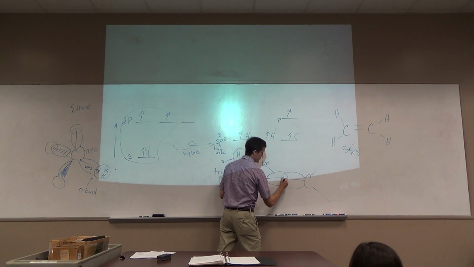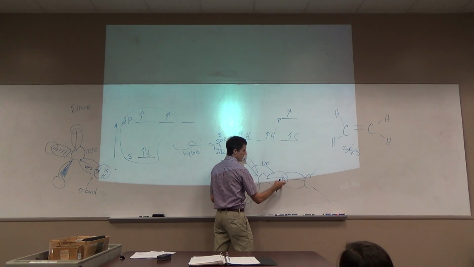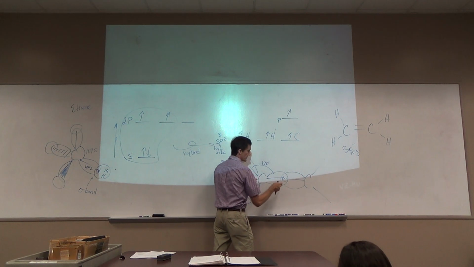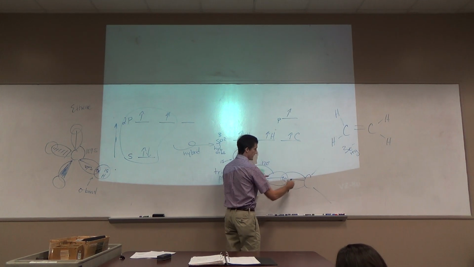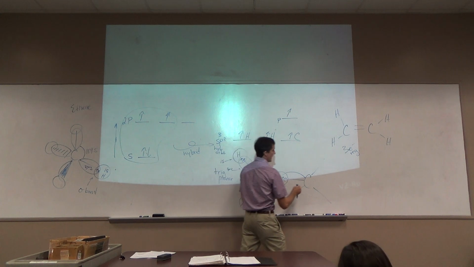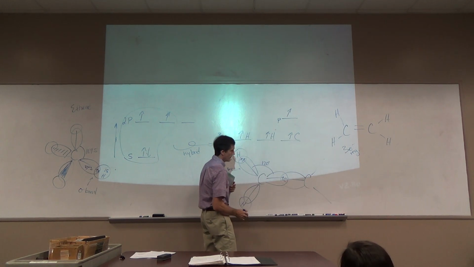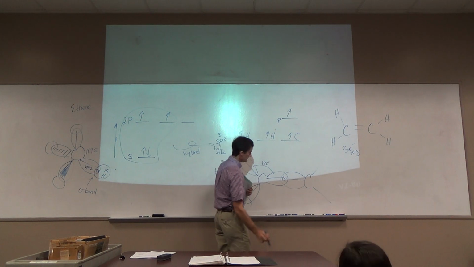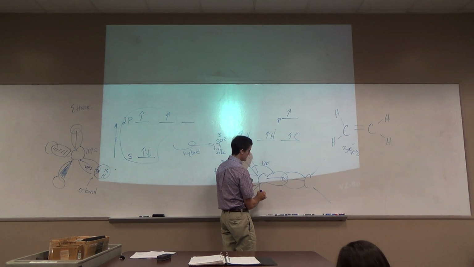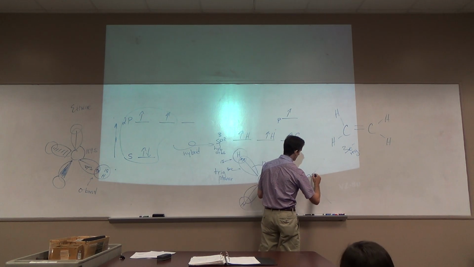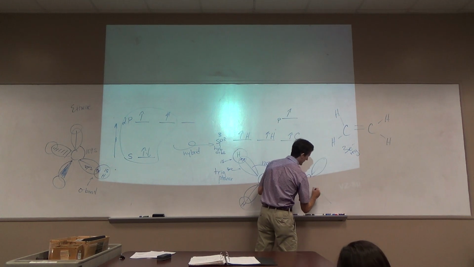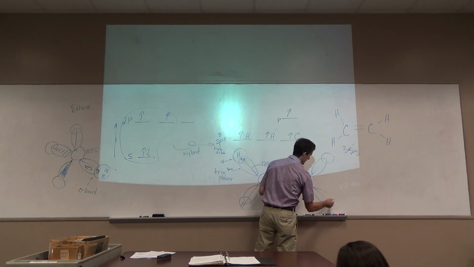Okay? And I'll draw it like that. 1 electron from this carbon, 1 electron from the other carbon, making that. And then this guy is the same thing as over here. I just won't complete it. Well, maybe we should. It's the same exact hybridization, right?